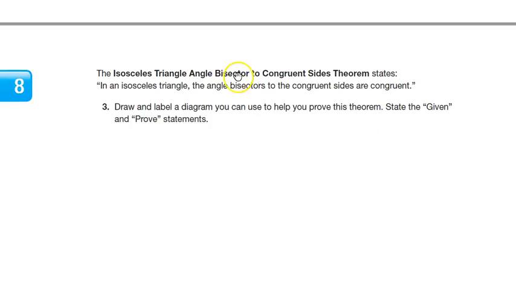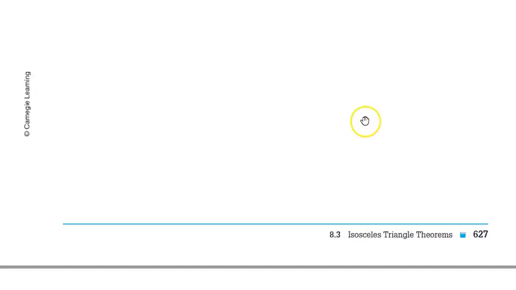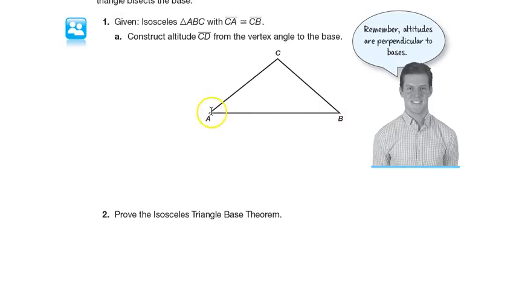And then finally, you have the angle bisector to congruent sides theorem. Now this one has a few more steps. So what you're doing is you're taking this triangle here. You're going to bisect angle A, and you're going to bisect angle B. To begin with, you're going to show A and B are congruent, and that means you have a common angle.